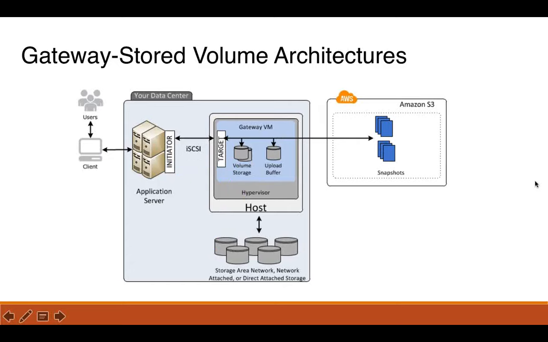Therefore, this volume storage is a primary storage. The volume storage is mapped to the physical disks in your data center. So any read and write operations that happen within your data center go through the volume storage, but at the end, the entire data is put into your physical disks in your data center, whether it is SAN storage, NAS storage, or direct attached storage.